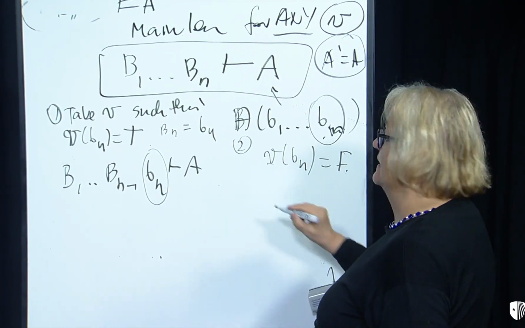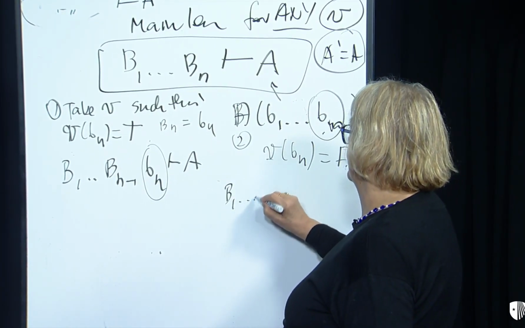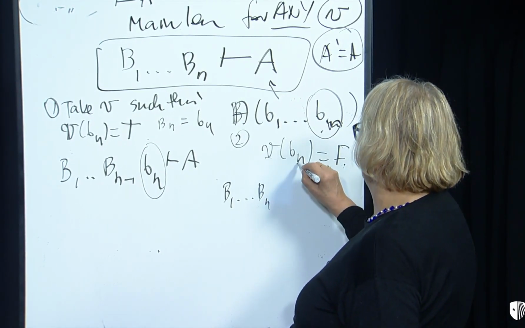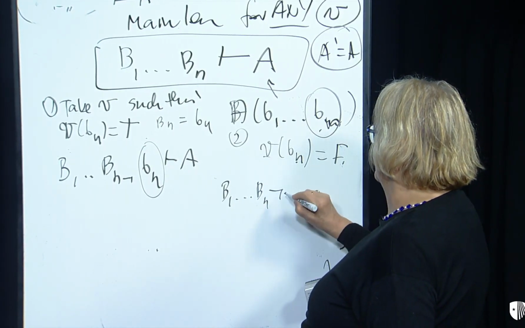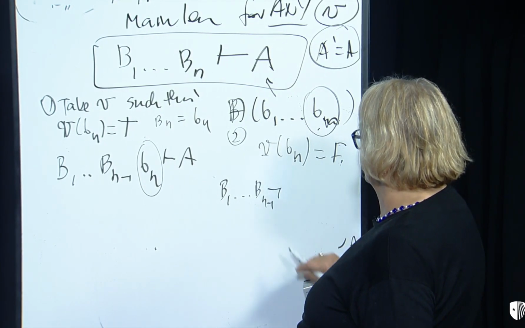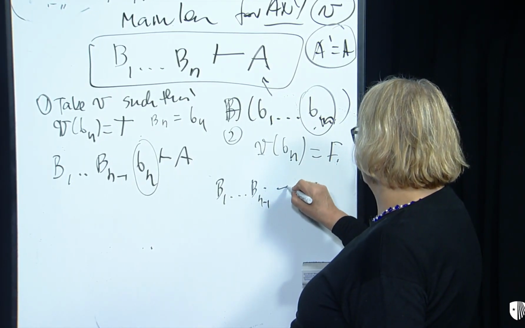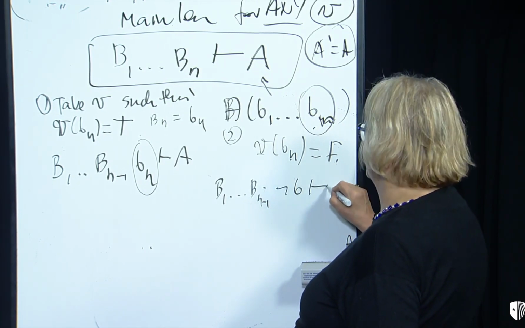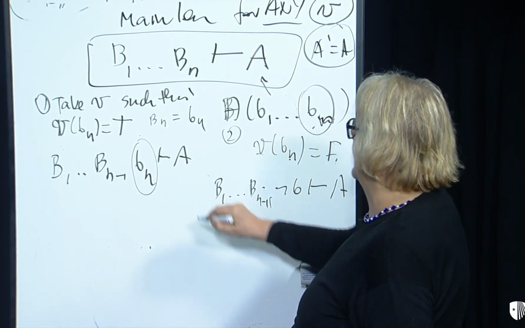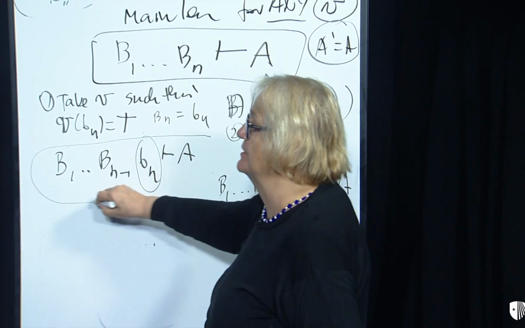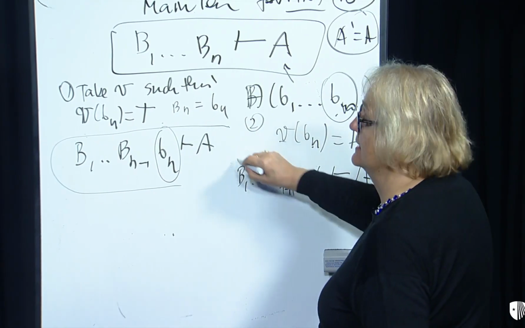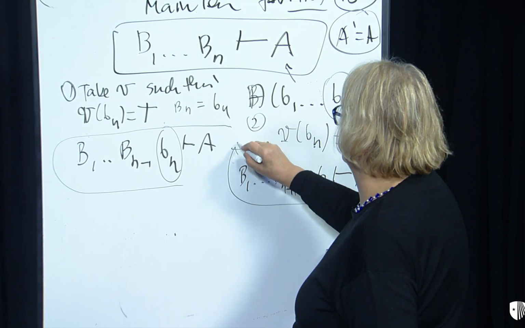And in this case, you have B1, ..., Bn minus 1, where Bn is F, so negation of Bn proves A. So I know by inductive assumption that I have this main lemma.